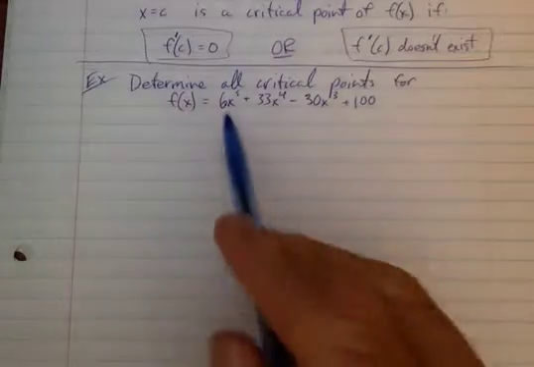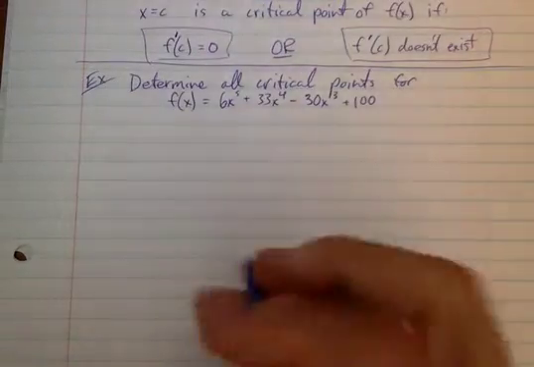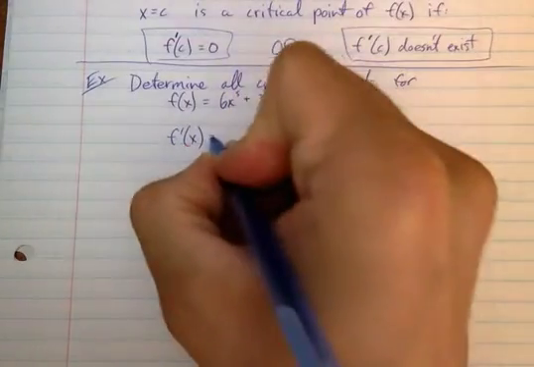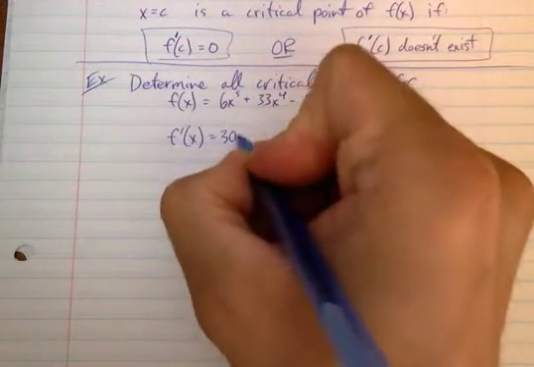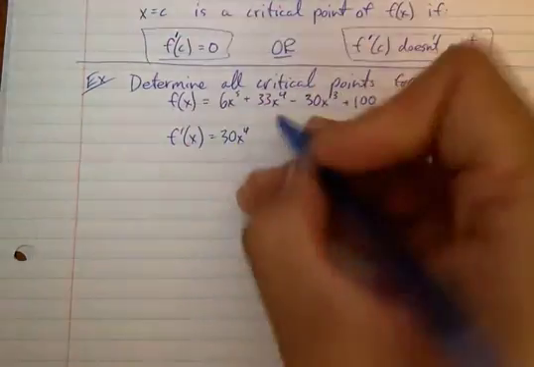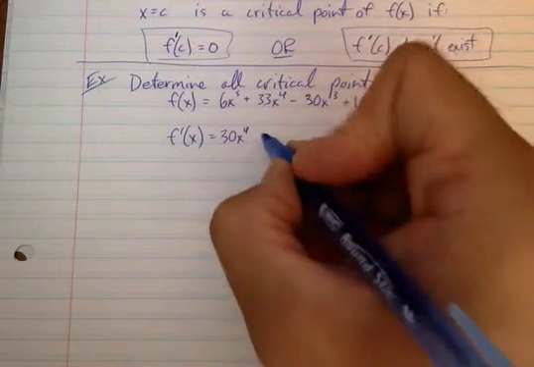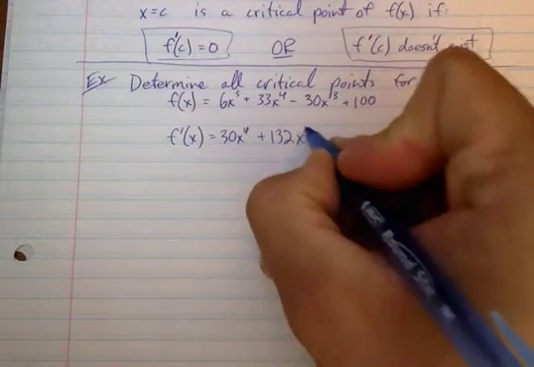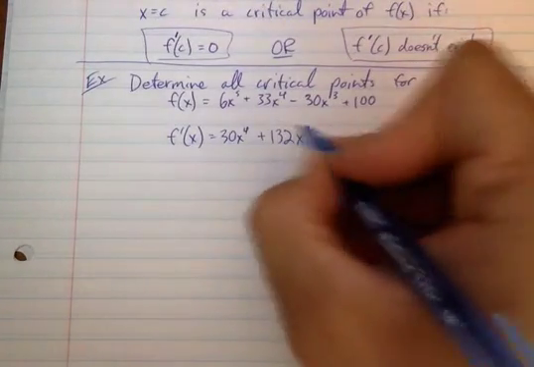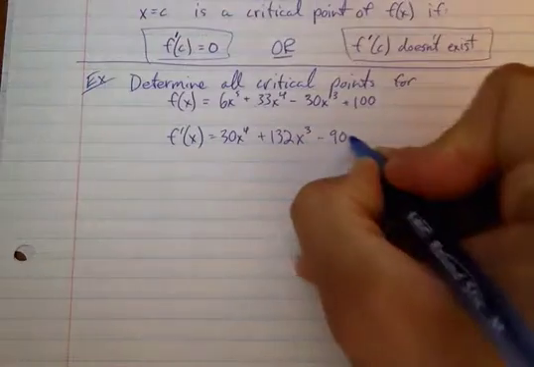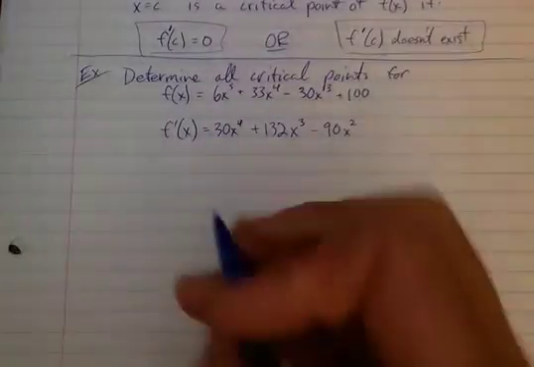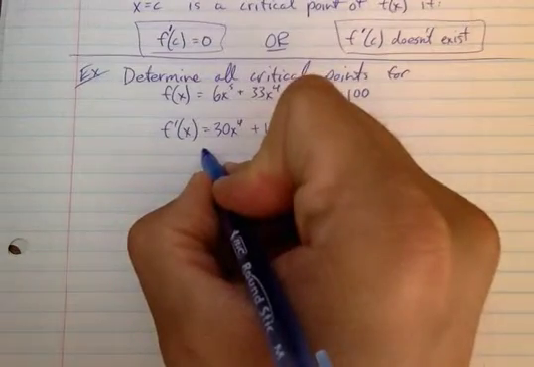Determine all critical points for this function. Okay, so let's see. F prime of x is equal to 30x to the 4th, then we have 4 times 33 is 132 x cubed, minus 90x squared. All right, let's see what happens here.